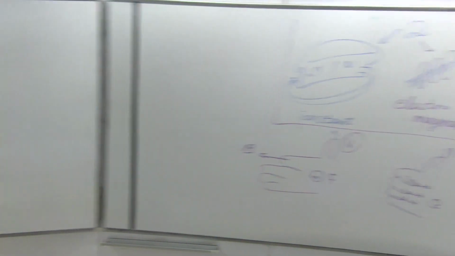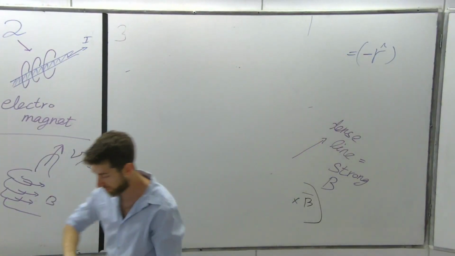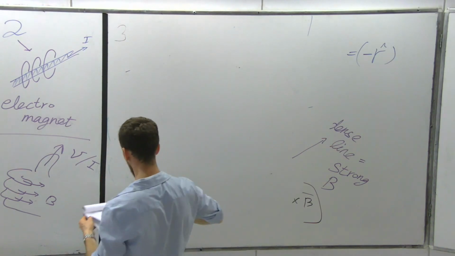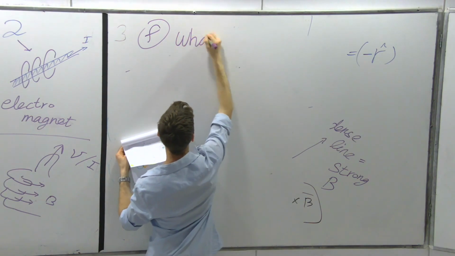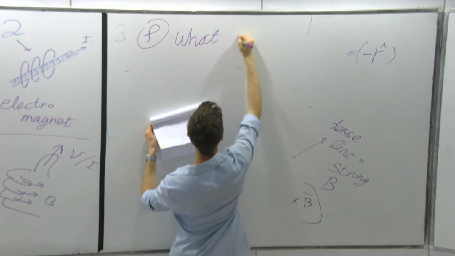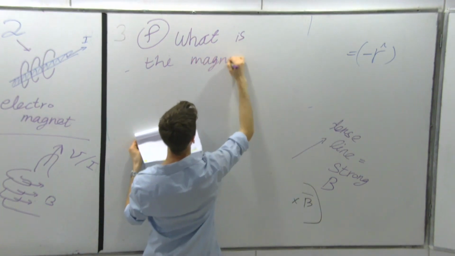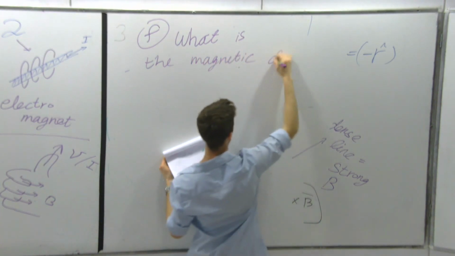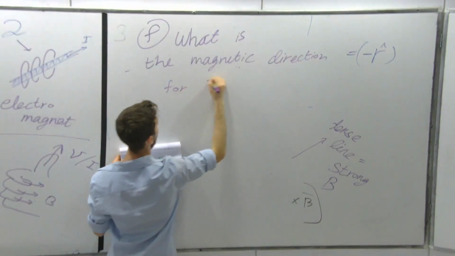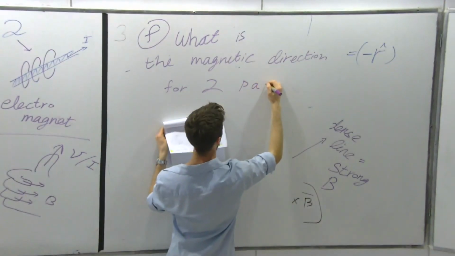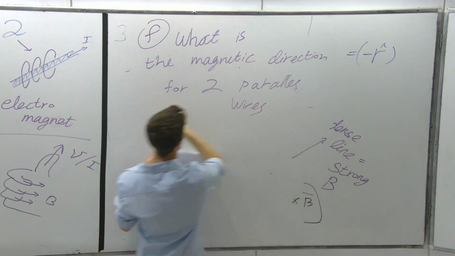If I have two wires, let's say infinite, it doesn't matter, this is section F: what is the magnetic field direction for two parallel wires? Okay, that's a question.